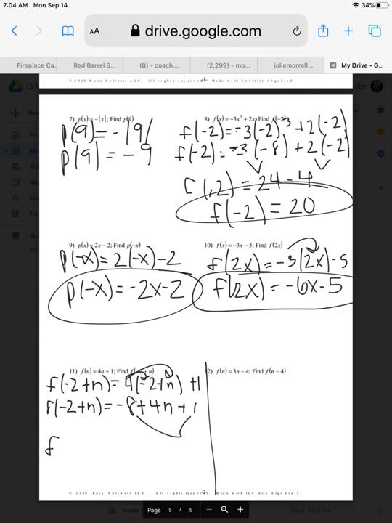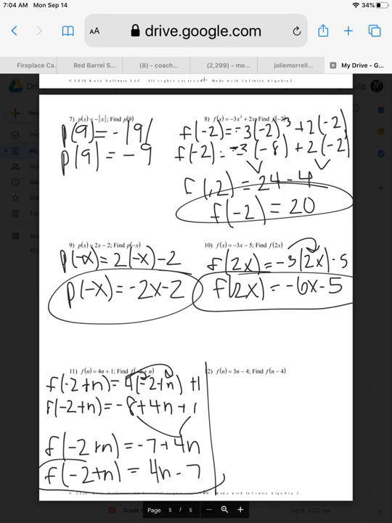Like I said yesterday, combine like terms. Remember, we cannot leave it like that. That's not good math term. Okay? 4n minus 7. We always want that variable to come first. Okay? So don't leave that negative and 7 in front. Put it behind. Last one.